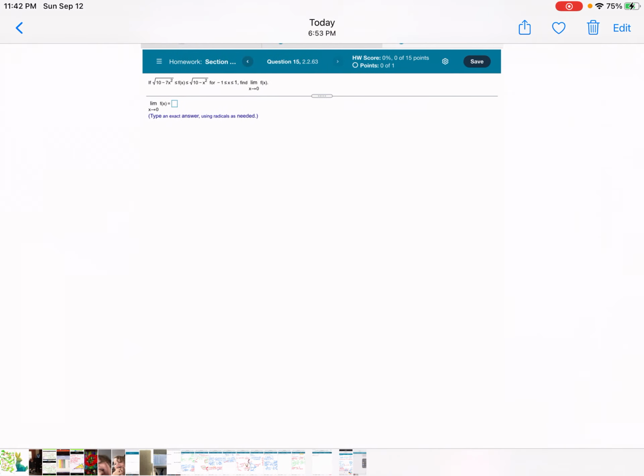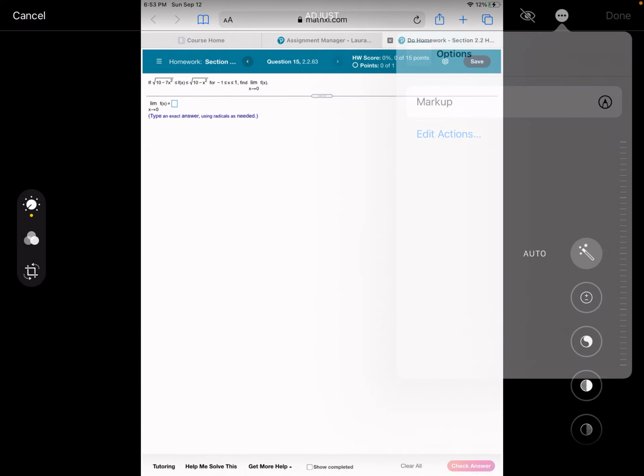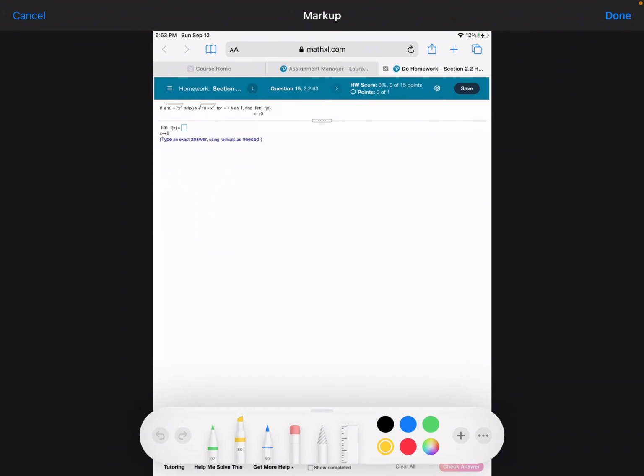So let's look at this last one. And here they want me to, let's see, it says, oh, this is kind of a cool one. So this is using the sandwich theorem is what it's called.